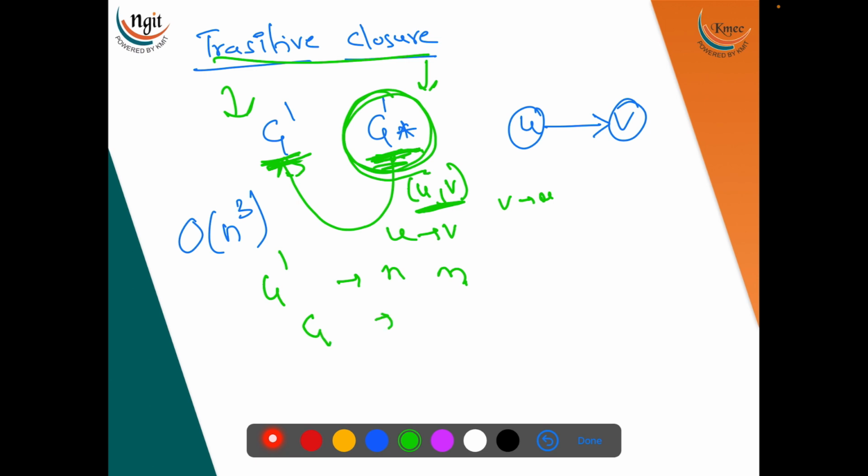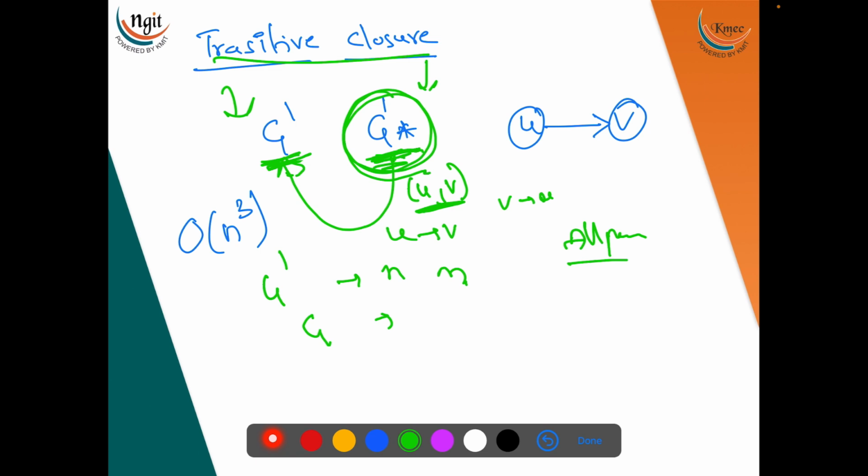The transitive closure of G is computed in a series of rounds. How it will be performed, let me recall this topic. The all pair shortest path problem is there, no? There we saw the same problem, also called the Floyd-Warshall algorithm. There we used to calculate possible edges from each vertex.